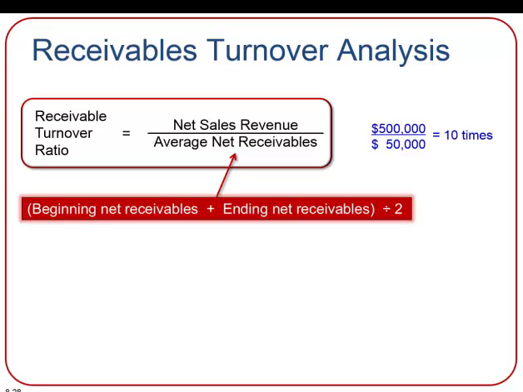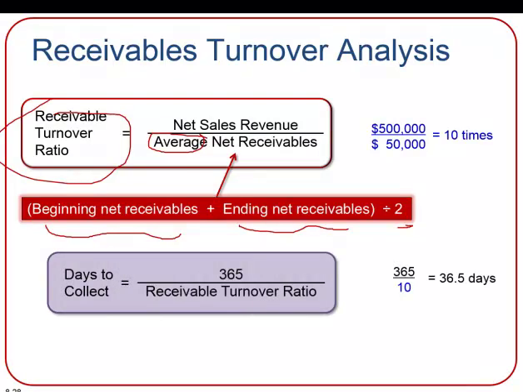The receivable turnover ratio, the first one mentioned, is the net sales revenue divided by the average net receivables. Make sure you're aware that this is the average net receivables, the average from the beginning to the end of the period. So beginning receivables plus the ending receivables divided by 2 gives us our average. That goes into our ratio as the average net receivables.